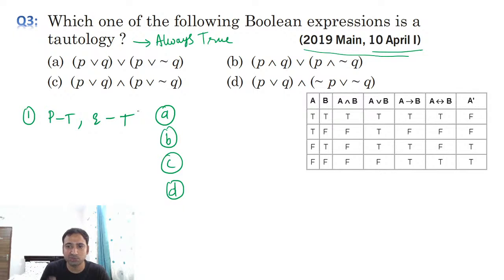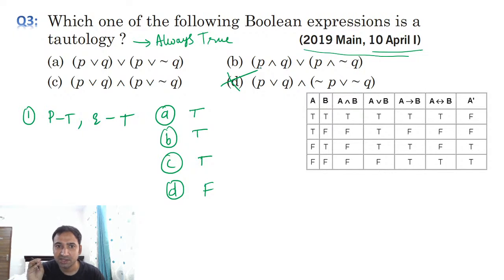So let me take true, true. If I verify the options, the first option, I am getting true. Second option, true. Third option also true. Fourth option I am getting false, guys. So the fourth option got eliminated.